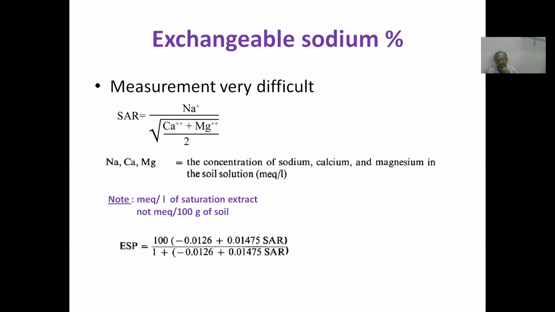Calcium and magnesium ion concentrations are also found from the soil solution in the saturation extract, in milli-equivalents per liter. From the sodium adsorption ratio, there is an empirical formula that is used to find out exchangeable sodium percent.